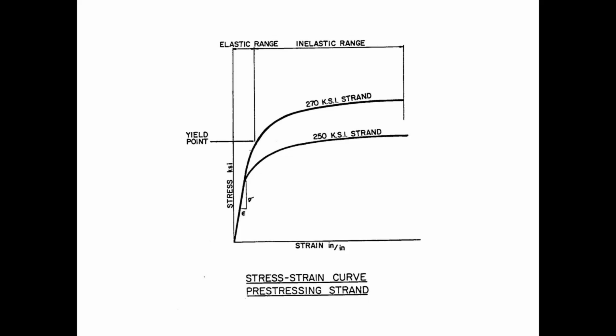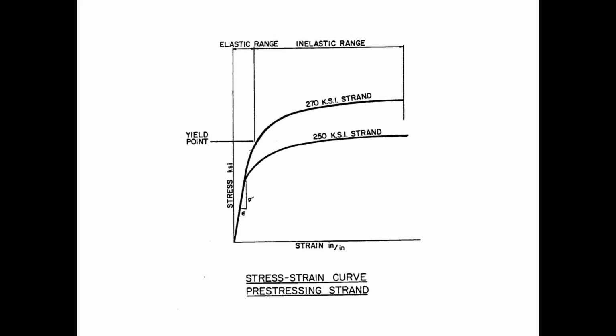The yield point is usually somewhere between 90 and 95% of the breaking strength of the strand. So by establishing the code limit at 80%, that's keeping us below the yield point, keeping us in that range where the relationship between load and elongation is linear, so we can accurately calculate the load based on the elongation or vice versa.